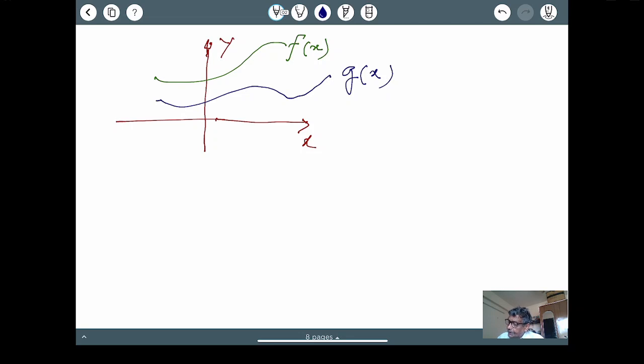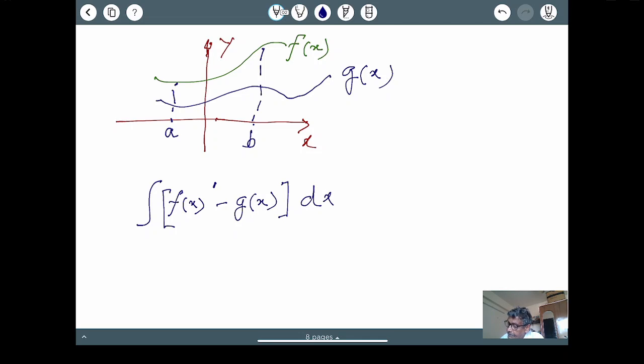Now, if I ask you to do this integration, for example, any point on the x-axis, x equal to a, and x equal to b, then this integral, that is f(x) minus g(x) whole into dx, starting from x equal to a to x equal to b, will be nothing but this area.